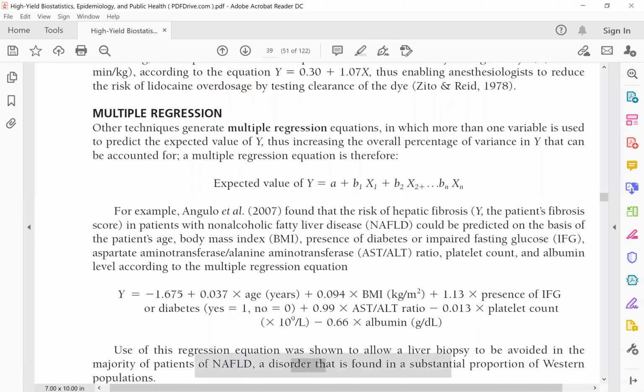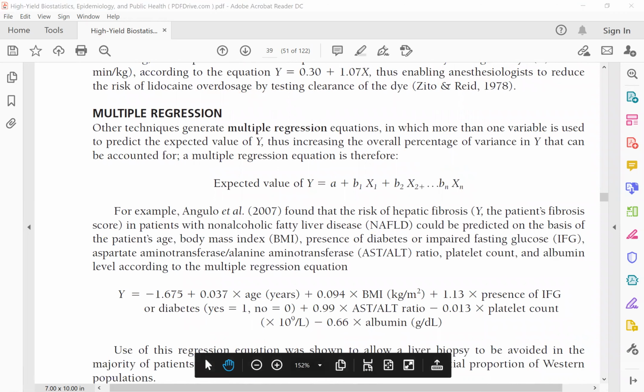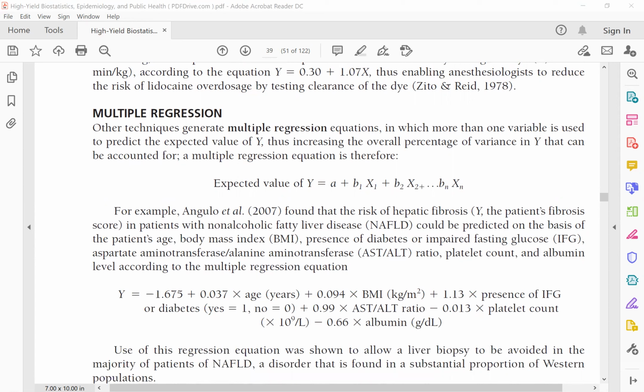Now comes another topic known as multiple regression. Other techniques generate multiple regression equations in which more than one variable is used to predict the expected value of y, the dependent variable, thus increasing the overall percentage of variance in y that can be accounted for.